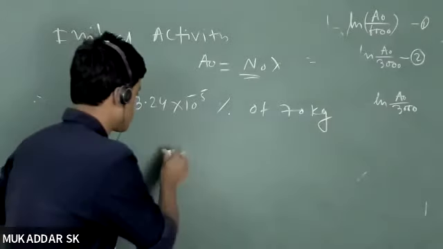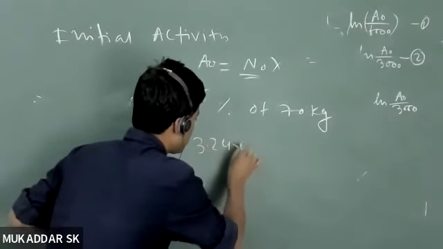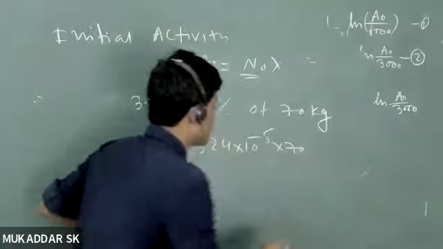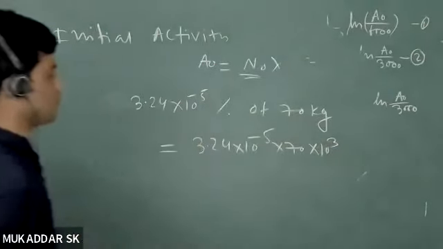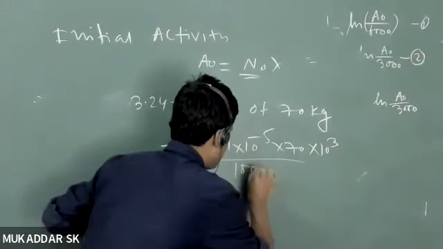That will be how much? Tell me. 3.24 into 10 to the power minus 5 into 70. Suppose I'm writing gram, so from kg you have to multiply by 10 to the power 3. That will be gram, right? And since a percentage is given, you have to divide by 100.